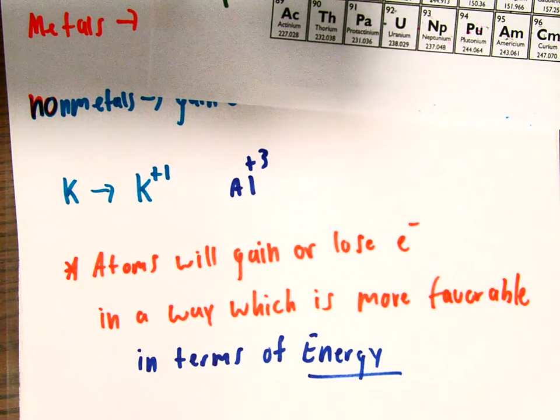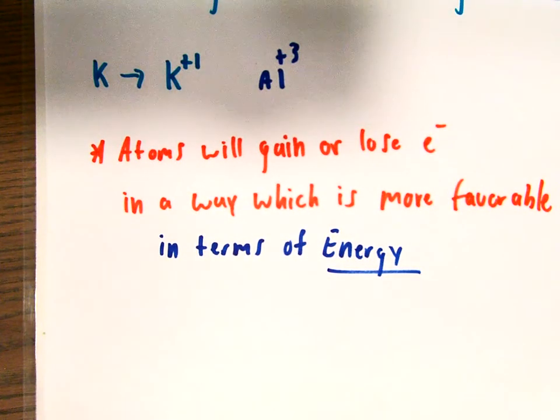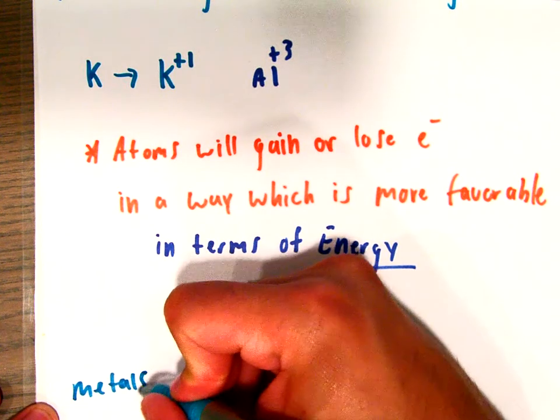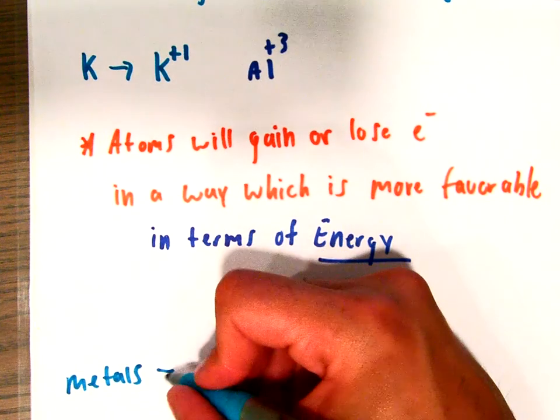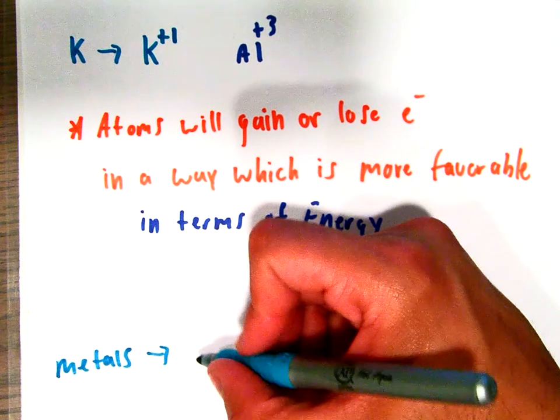And also, if you think about it in terms of energy, we know our metals tend to lose electrons, right? And that's because metals are on the left side of the table.